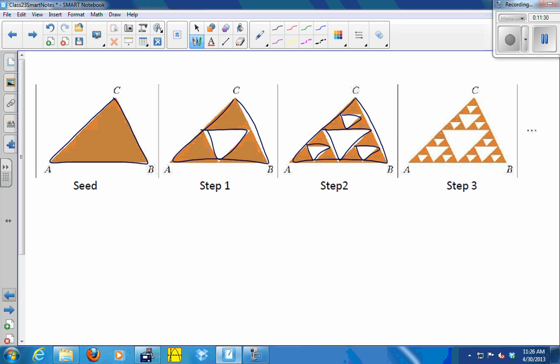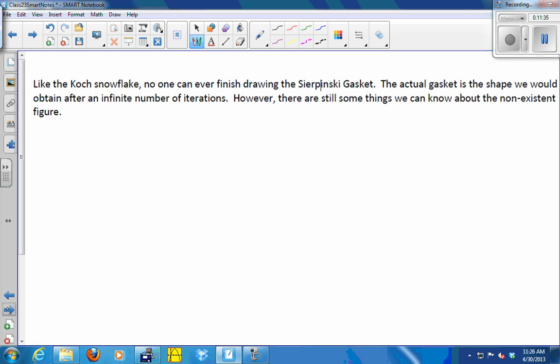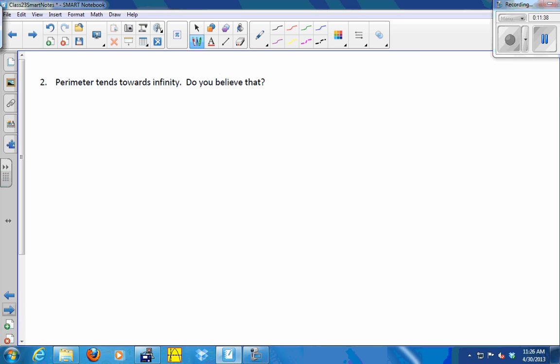So does it make sense that this perimeter just gets longer and longer? Yeah, if we think about perimeter as being every edge and not just the outer edge.